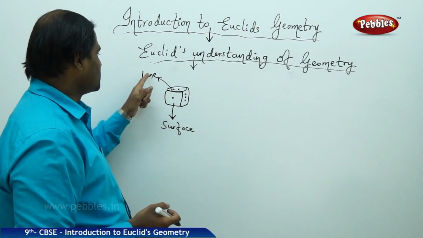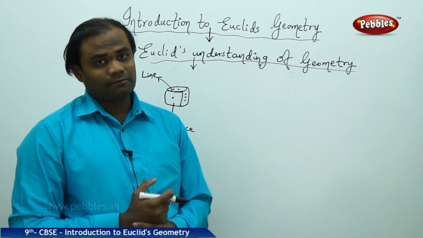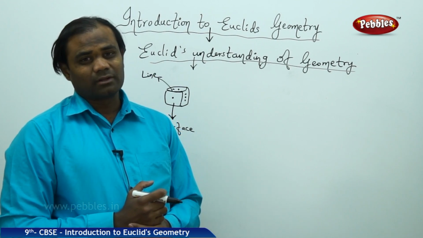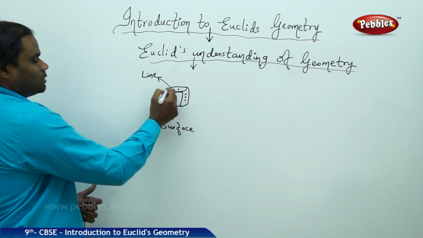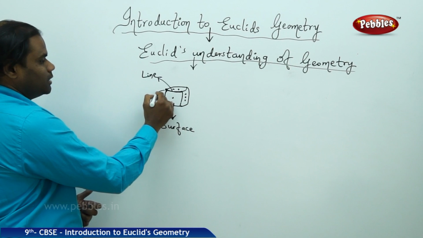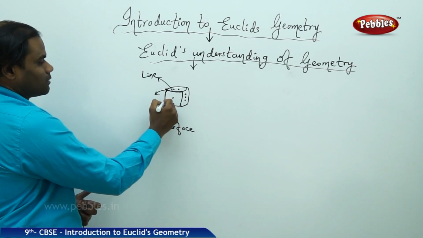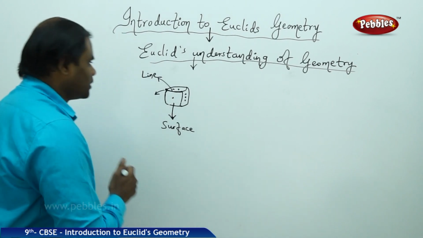In this case, a line separates the 2 surfaces. And further, Euclid's geometry understands that all the lines meet at a point. So here, this line and the other line all meet at a unique point.